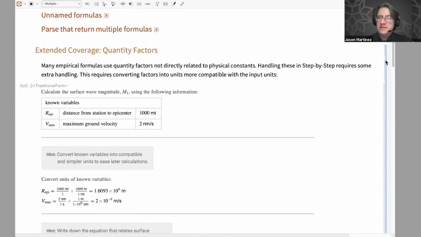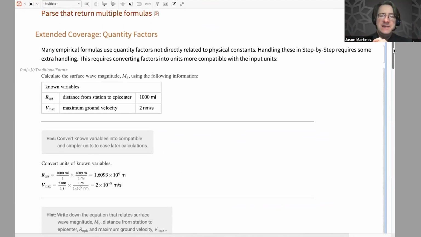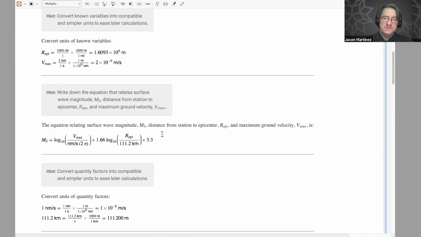Another area that's currently under development and should be working in the new year is support for quantity factors. So these are cases where you have some quantity, usually empirically derived, that we then need to address in our step-by-step solutions. So for example, if we look at earth science here, the surface wave magnitude formula, which is right here, includes two factors, in nanometers per second and in 111.2 kilometers.